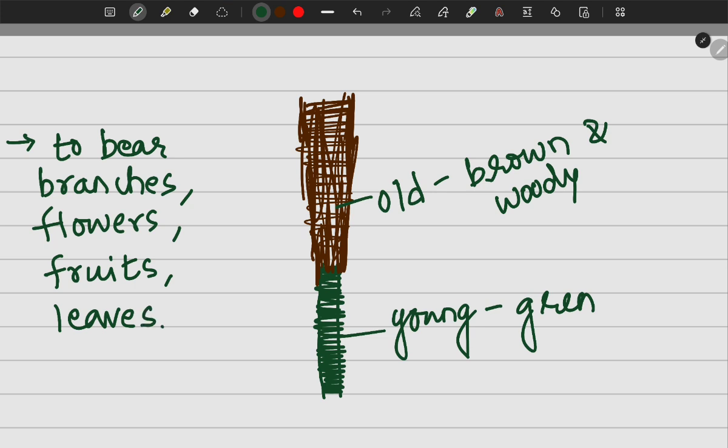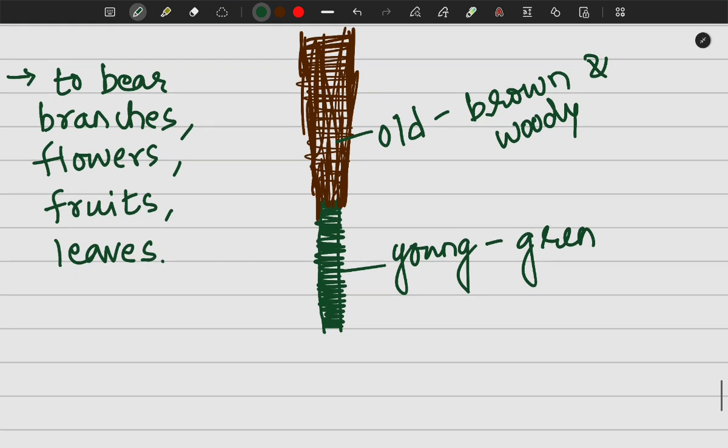Besides this function, some of the stems also perform different functions when they undergo certain modifications. So we will study about those modifications in the next lecture in a bit more detail. The main function is to bear branches, flowers, fruits, and leaves.